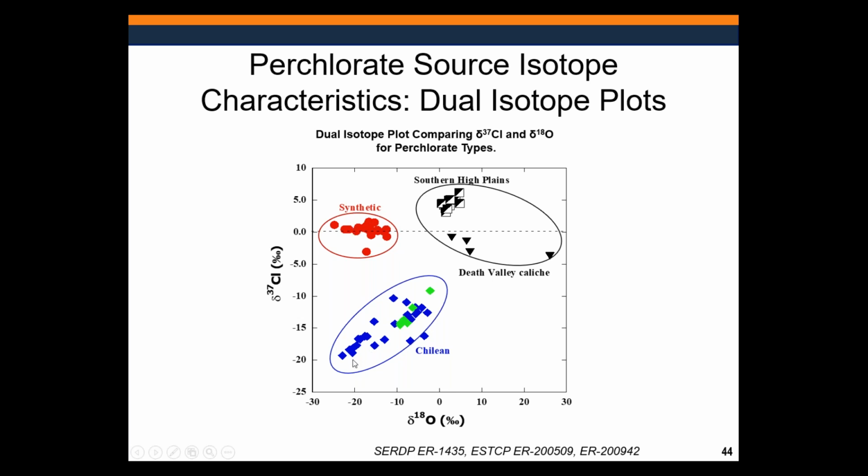The oxygen overlaps a bit, but again, if we use dual isotope analysis, we get these distinct ranges where these chemicals occur isotopically. And the material that was collected from the southern high plains, so Texas and New Mexico, as well as Death Valley, has its own area. And so it seems to be isotopically distinct from either the Chilean or synthetic material. So we have potentially different source terms.